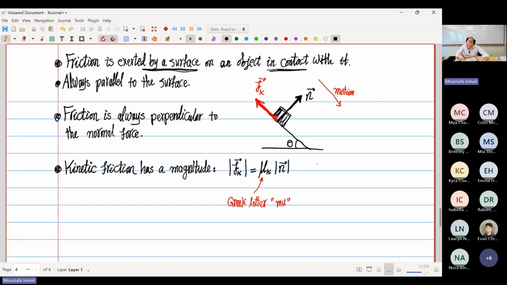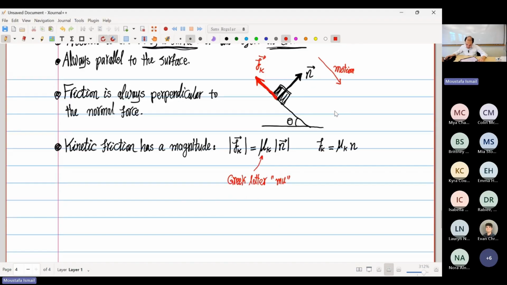I can just write this simply as F sub k equals mu k N, if I don't want to write the vectors and absolute values, by just understanding that this is a magnitude notation, if I don't put the vectors.